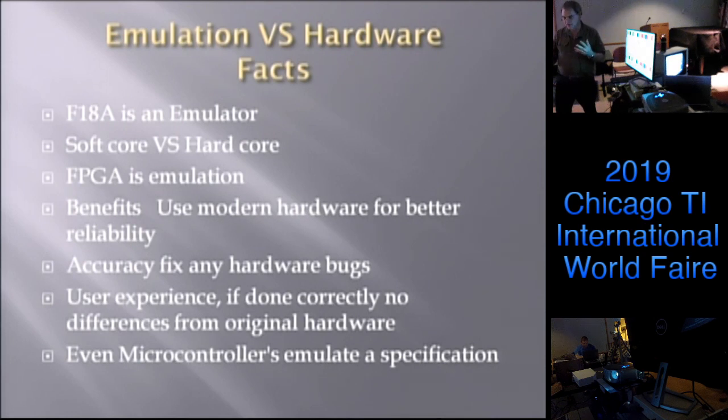And somebody put all that specification into silicon in the old days. Modern microcontrollers, some of the functionality is actually performed in software for the opcodes. So in a sense, a microcontroller is an emulator. It's emulating a specification.